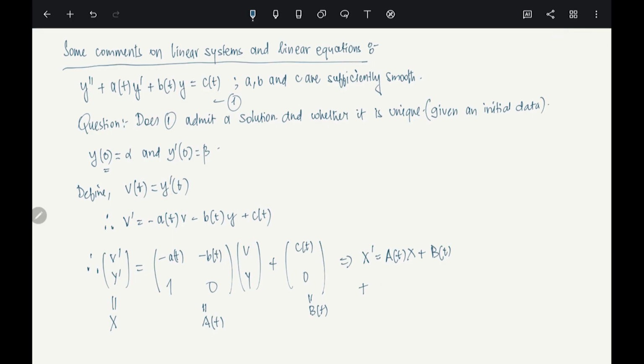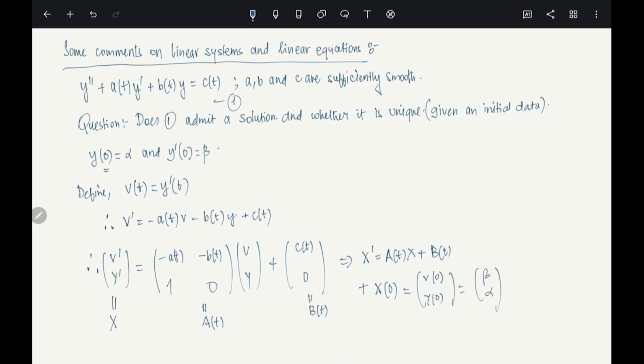So what is x at the point 0? It is v at the point 0 and y at the point 0, which is given by beta and alpha. I hope this is clear.